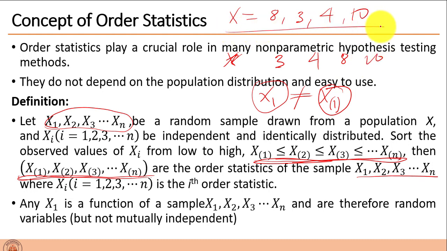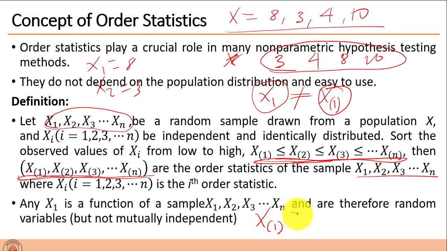So in the first one, my x1 is equal to 8, x2 is equal to 3. But then if I come to the rearranged data, my x bracket 1 is equal to 3, x bracket 2 is equal to 4. So it's simply looking at the position after you have rearranged them in order.